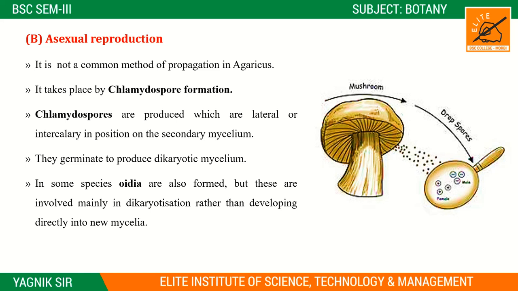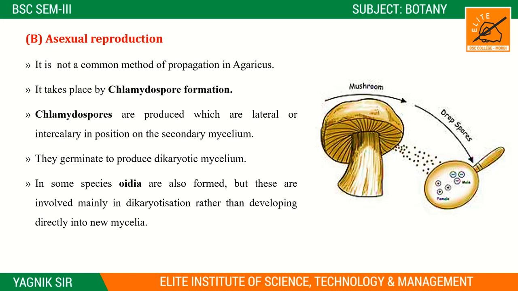oidia, right? So this oidia is another type of spore, right? And oidia are also formed in the gills, but these are involved mainly in dikaryotization rather than developing directly into new mycelia. Dikaryotization means two haploid nuclei are fused to form a dikaryote nucleus, right?